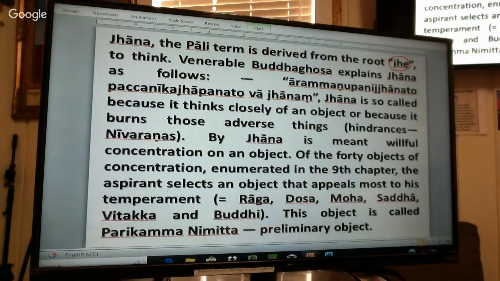Whenever Buddhaghosa explains jhana, he explains it as: Arammanupanijjhanato, Paccanikajjhapanato jhanam. This is an explanation of jhana in Pali. We call it jhana because it is thinking closely on an object.